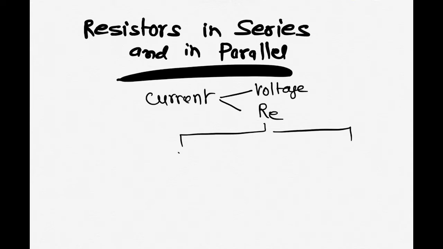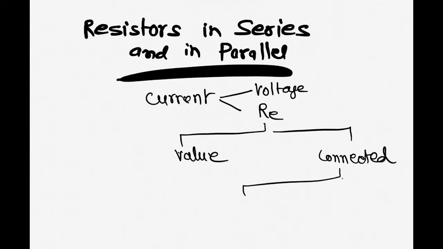One is the value of the individual resistances, and the second is how these resistors are connected to each other. Resistors can be connected in two different ways: one is in series and another is in parallel.